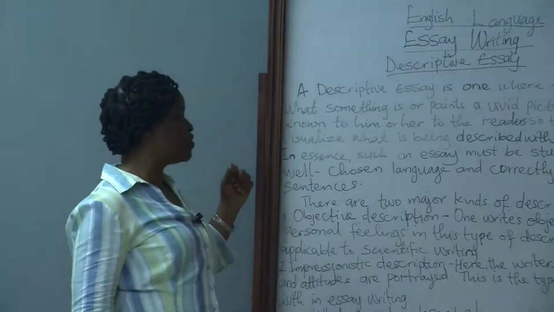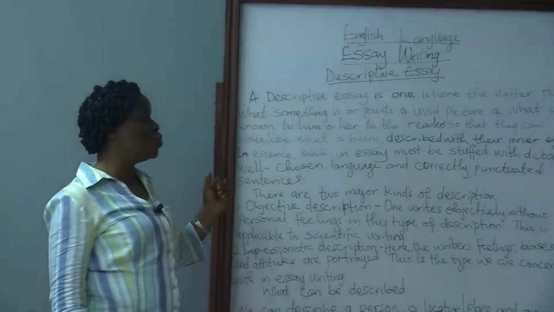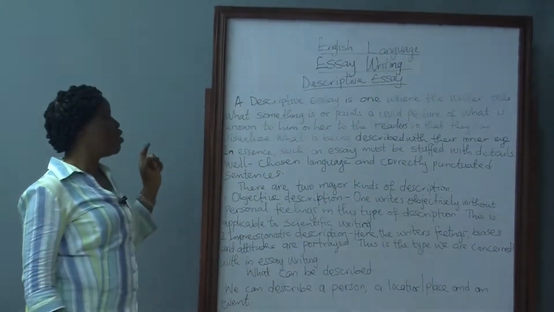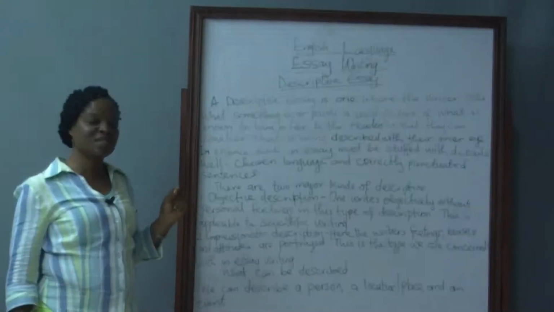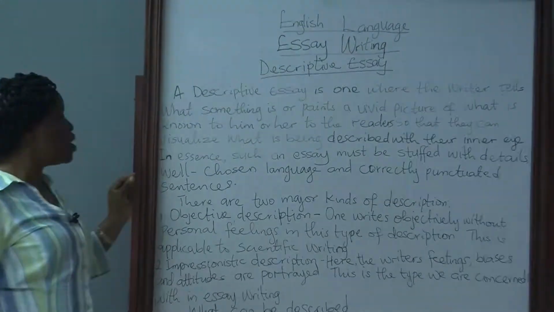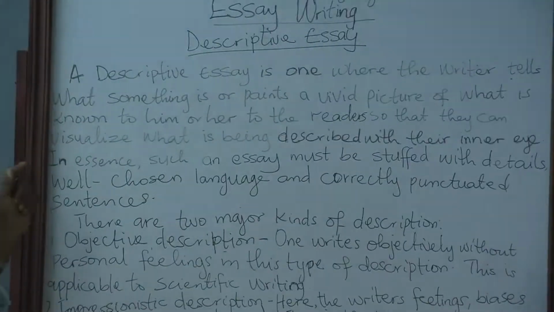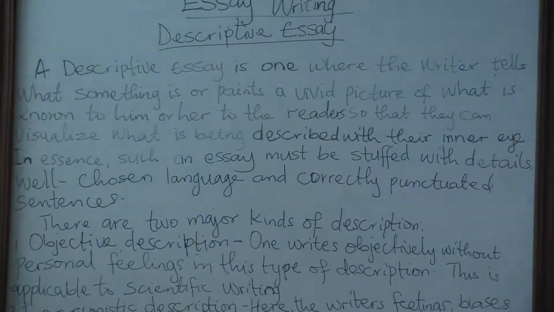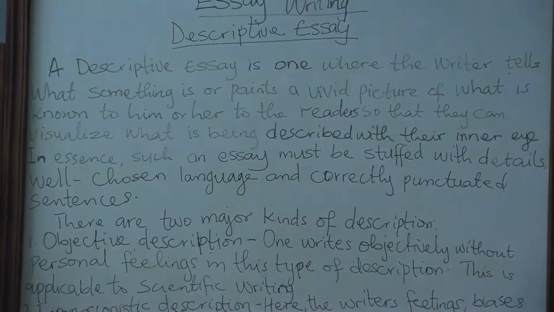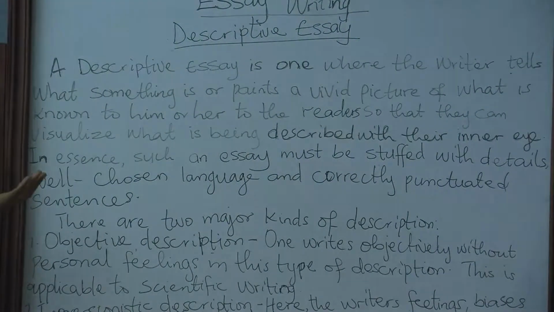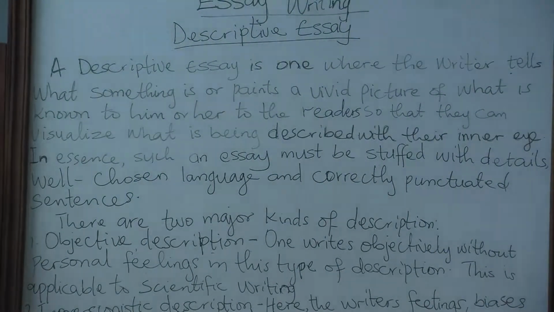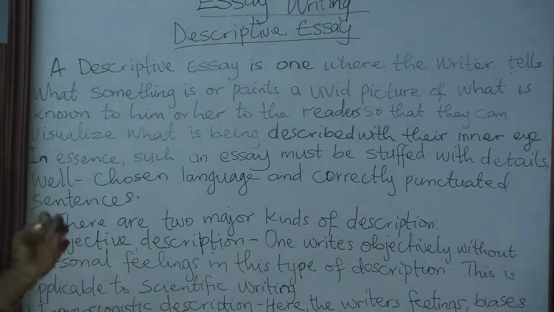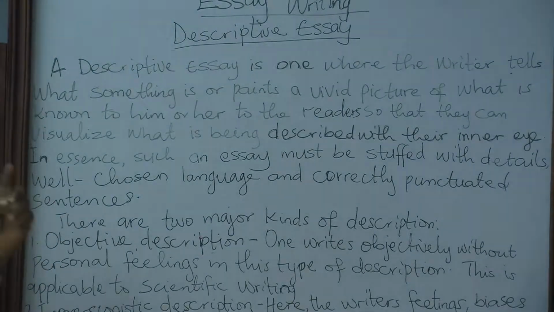Now, I have here that a descriptive essay is one where the writer tells what something is or paints a vivid picture of what is known to him or her to the readers, so that they can visualize what is being described with their inner eye. So in essence, any descriptive essay would be stuffed with details, well-chosen language, and correctly punctuated sentences.